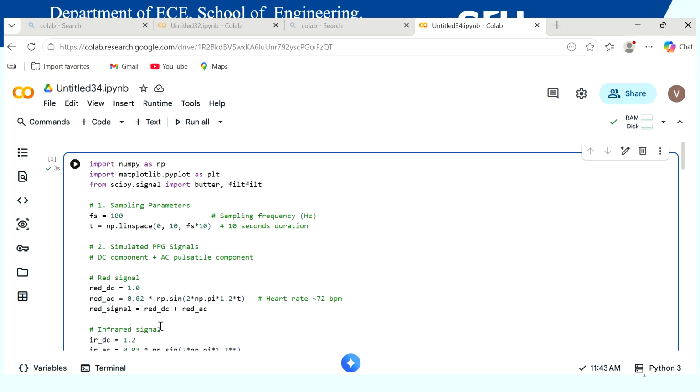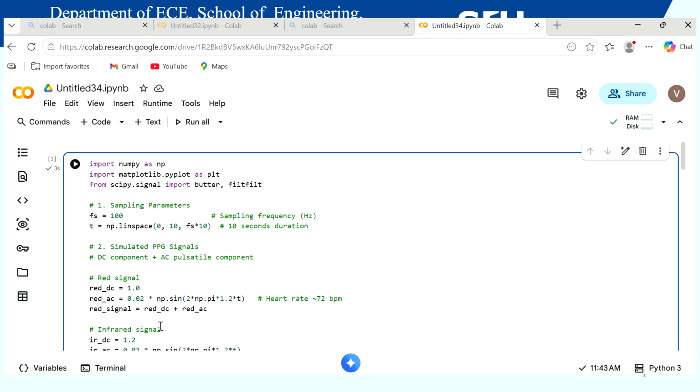So what we understand from this experiment: we simulate red and infrared PPG signals. We are adding noise and filtering the signals, and then we are calculating the AC and DC components for both IR and red signals.